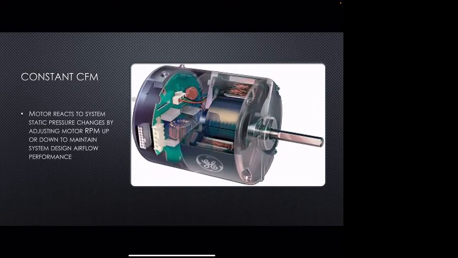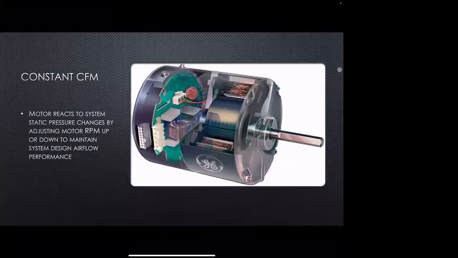What this motor does is react to the system's static pressure by adjusting the motor RPM up or down to maintain system design airflow performance. Those are the dip switches that we set up on a furnace board or within the Infinity controller or any other type of smart communicating controller that's out there.